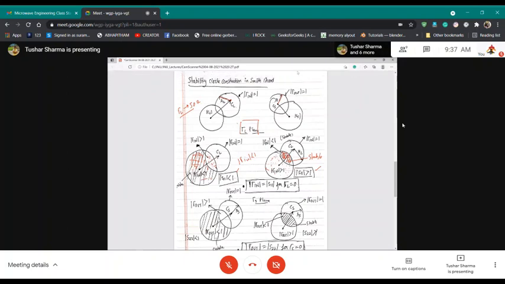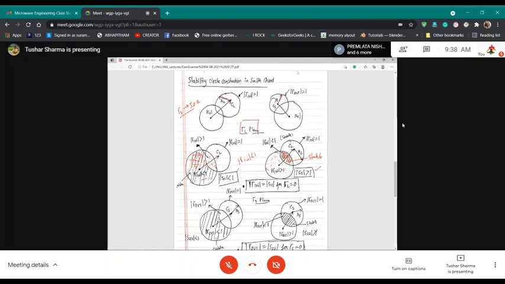In the first case, if your S11 is less than 1, then your gamma in will be less than 1, and the center representing gamma in less than 1 will be the stable portion. If your S11 is greater than 1, then your gamma in will be greater than 1, and the region at the center of the Smith chart will be unstable. So in one case, you will have the center as stable. In another case, your center will be unstable.